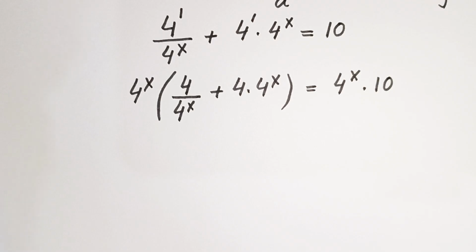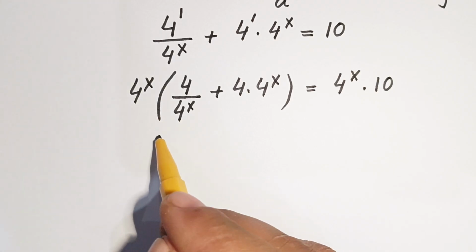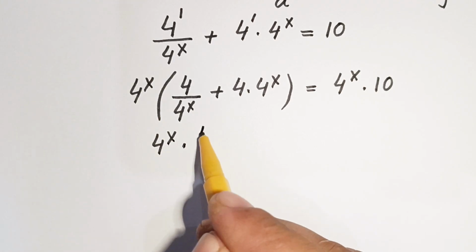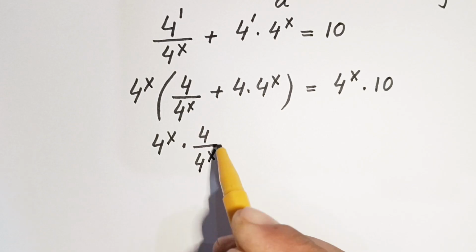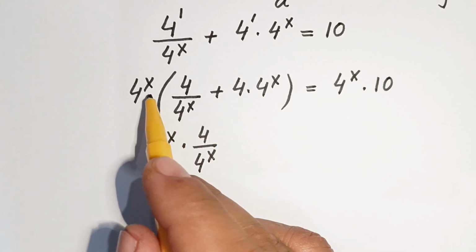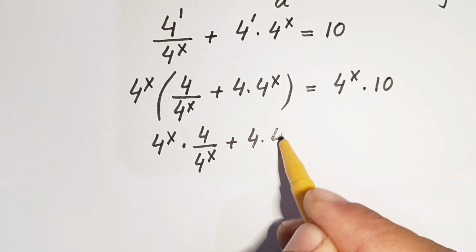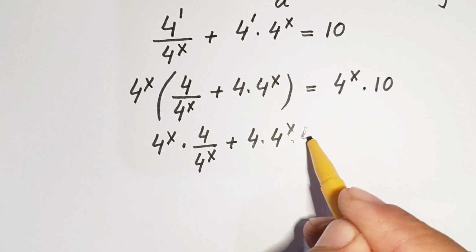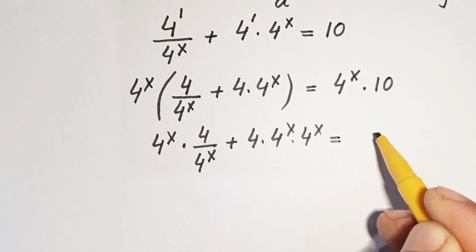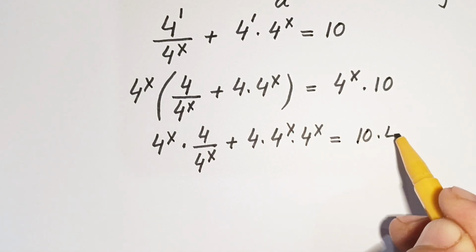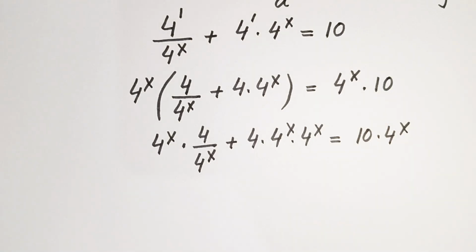Now by applying 4 to the power x, we get 4 to the power x times 4 over 4 to the power x. I'm putting this 4 to the power x into parentheses, then our second term is 4 times 4 to the power x times 4 to the power x, equal to 10 times 4 to the power x.